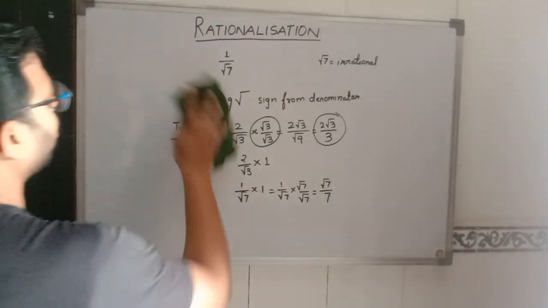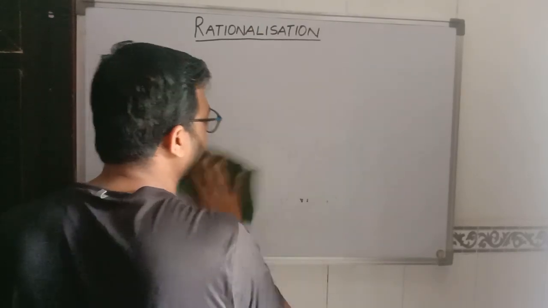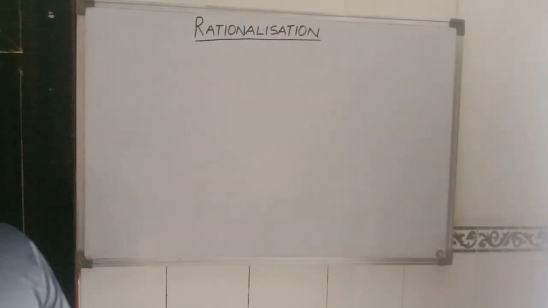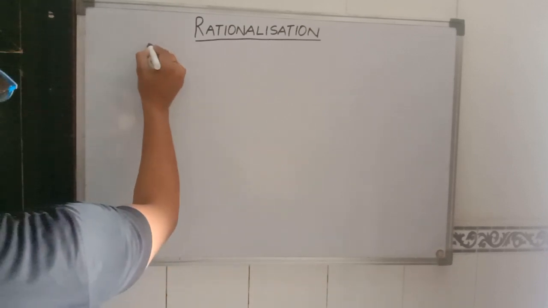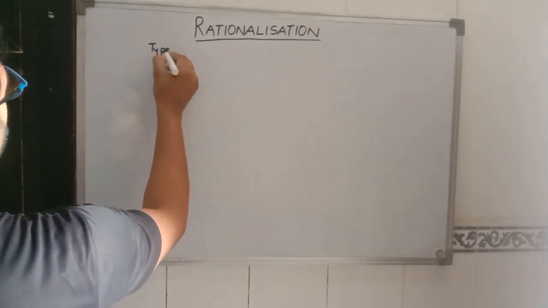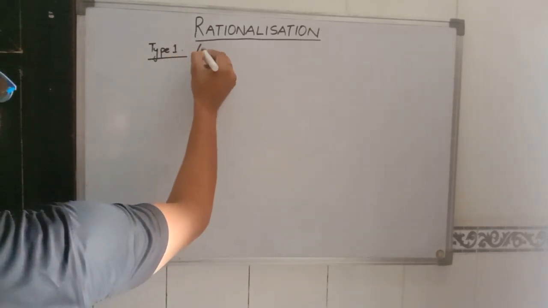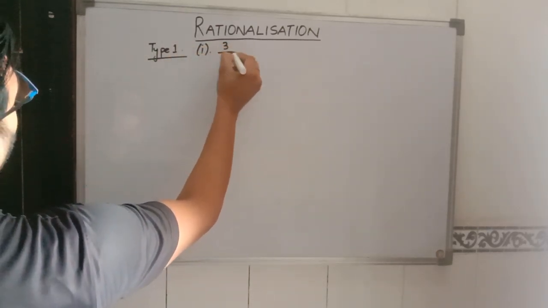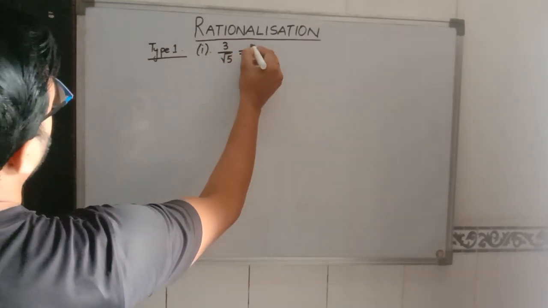Now I am going to explain according to the types. How many types of questions can you get? Type 1 is very easy, in which only one number is written in the denominator. Like the first part is 3 upon root 5. How can we convert it?